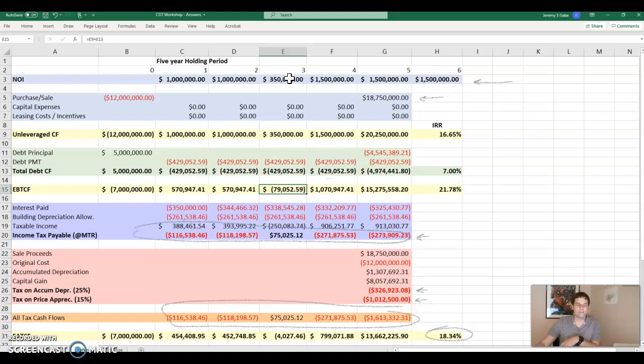But realize that that represents a default on your loan and a potential foreclosure event, which would make the returns quite different from if you had held the project all the way to the end and received those last 2 years worth of income, which in this project is very crucial to the success of it.